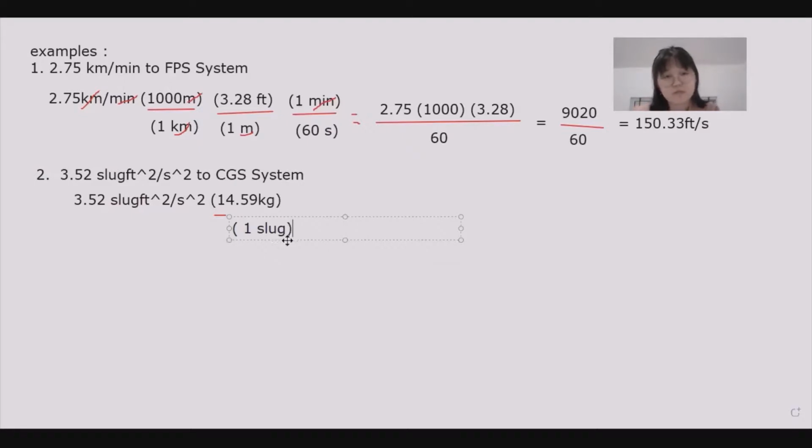And then we need to change from kilogram to gram, because in the CGS system, the unit of mass is gram. So it will be 1,000 gram divided into 1 kilogram.